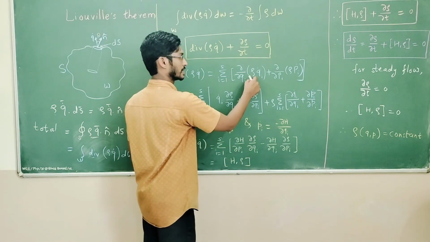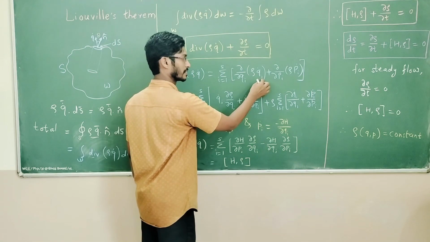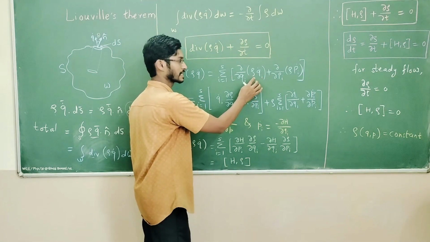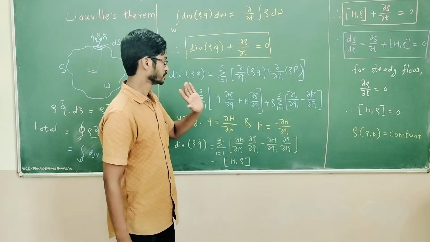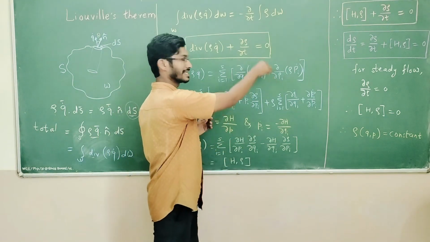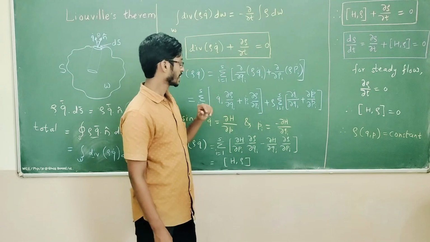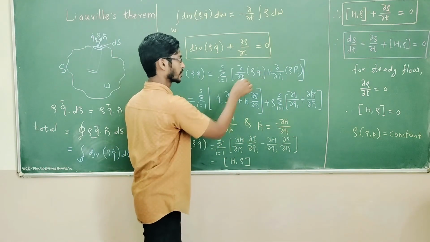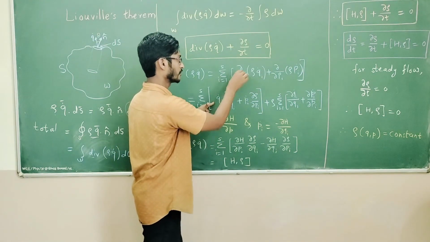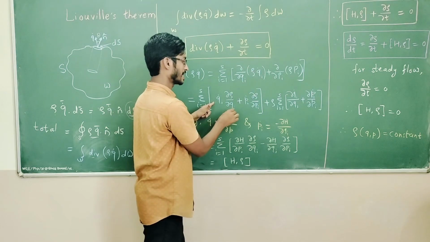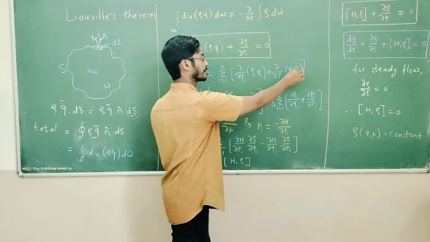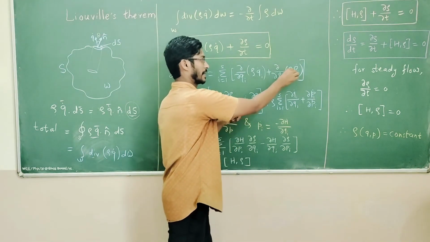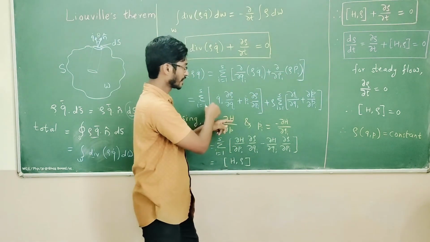So we will take the derivative of this, then this is constant, and if we are taking the derivative of the second term, then the first term is constant. So from this part, first we will keep q dot constant, and therefore we get del rho by del qi. From the second term, we will get pi dot constant and del rho by del pi. So we will get these two terms.